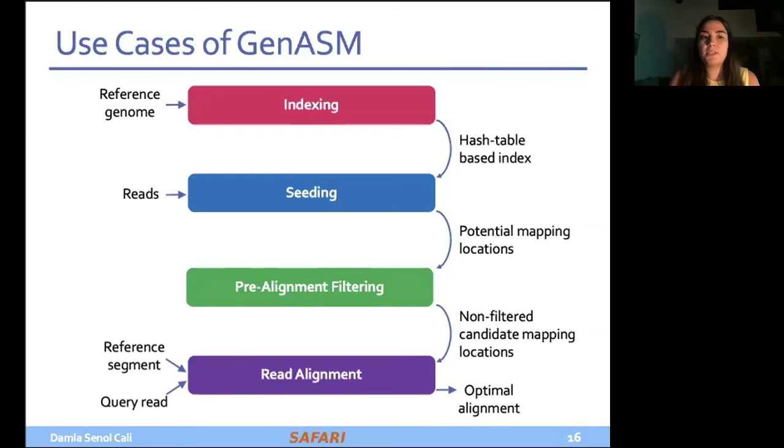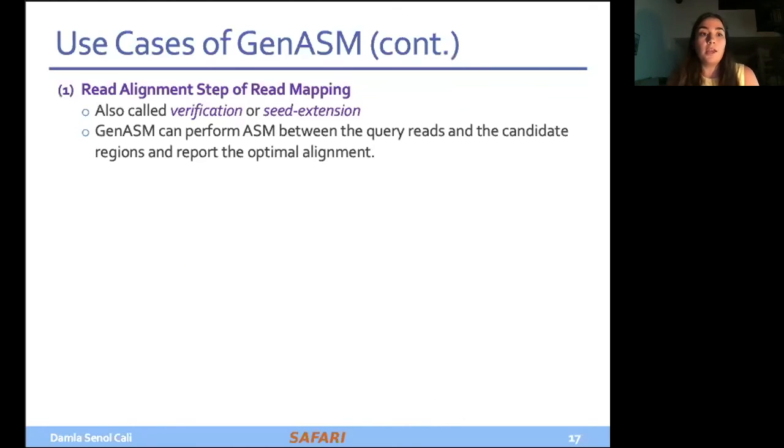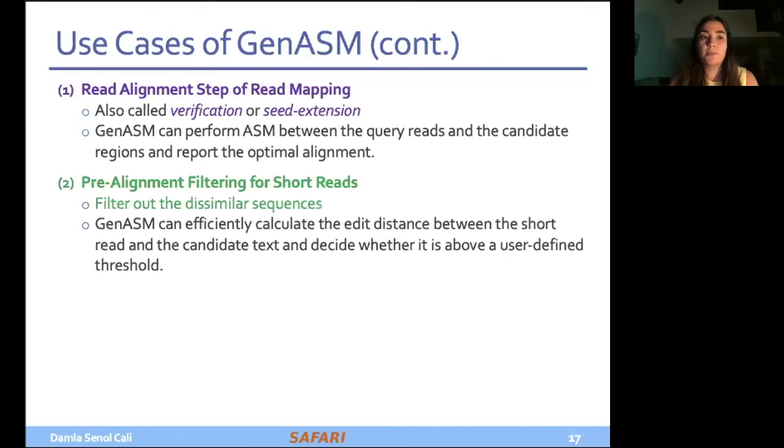So except for the seeding step, all of these three steps include an ASM component. That's why they are the natural use cases of GenASM. Read alignment, which is the fourth step, is one of the main use cases of GenASM. Pre-alignment filtering for short reads, which is the third step, in order to filter out the dissimilar sequences, is another use case.